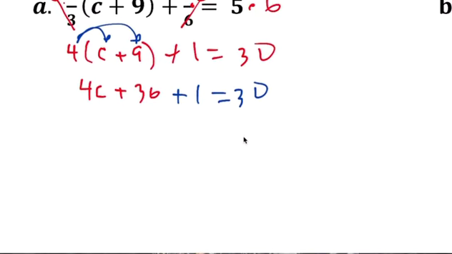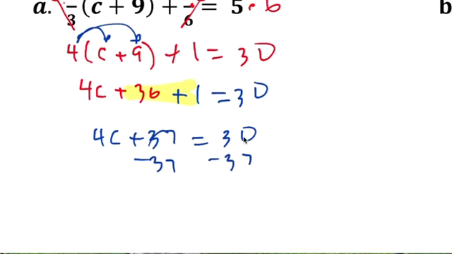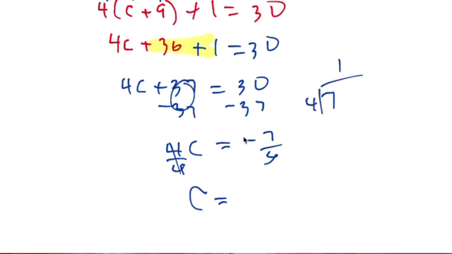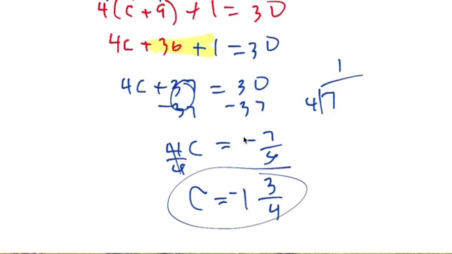Add the like terms. 4c plus 37 equals 30. 30 minus 37. 4c equals negative 7. Divide by 4. C equals negative 1 3/4. One solution.